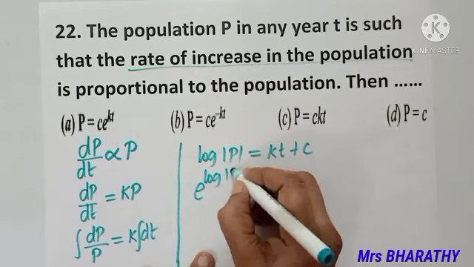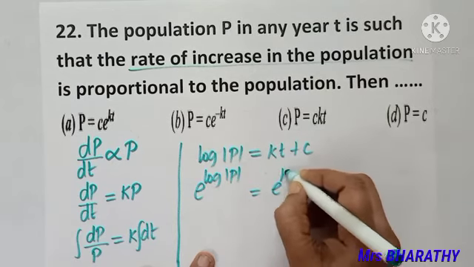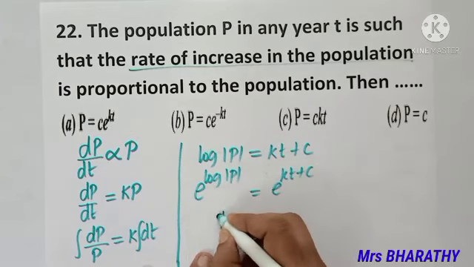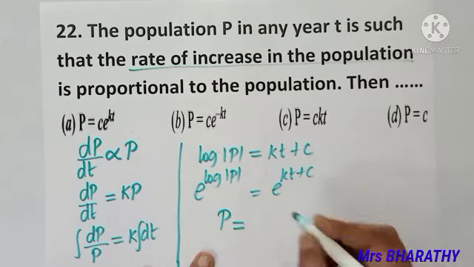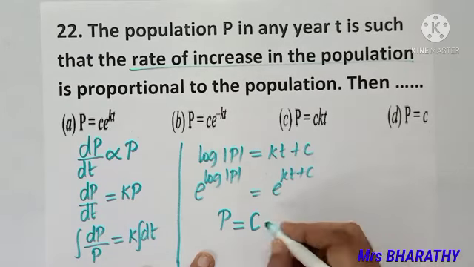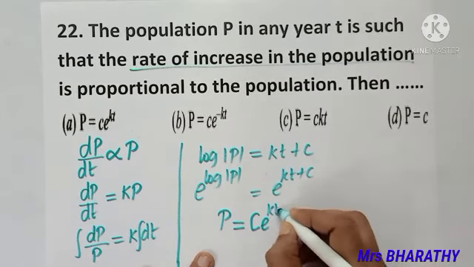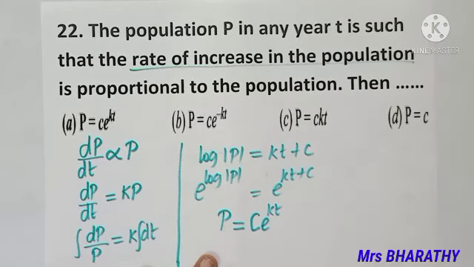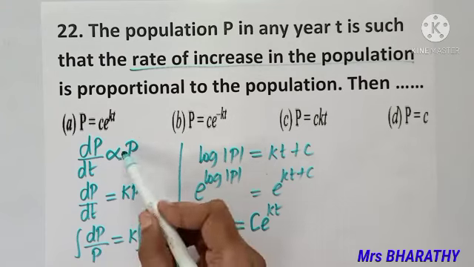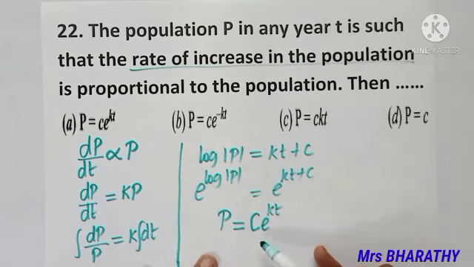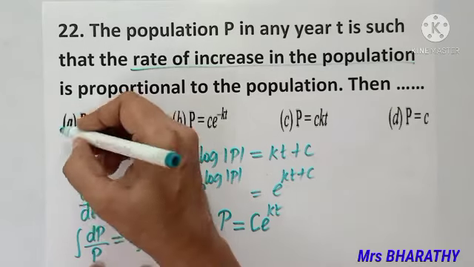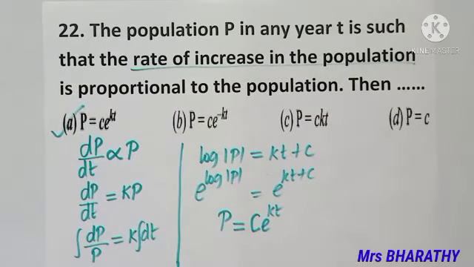Raising to e power, it is e power log p, that is e power kt plus c. E and log get cancelled, p equals e power c, which can still be written as a constant into e power kt. Or you remember, whenever you have dp by dt proportional to p, immediately remember the solution, p equals c e power kt. And the right option is A.